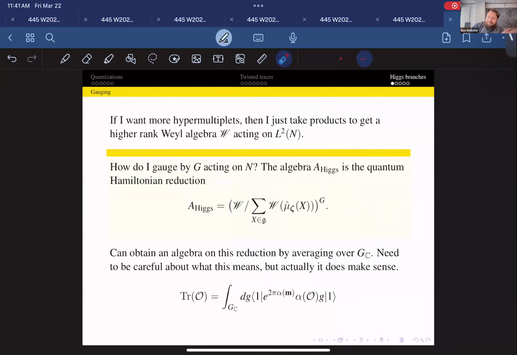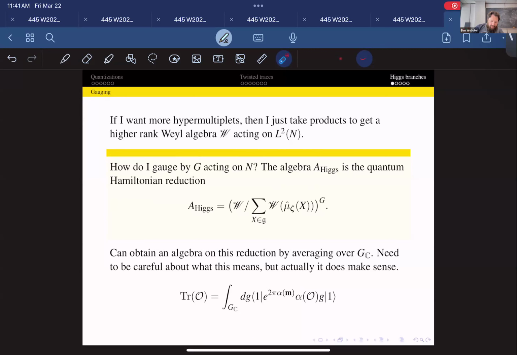Okay, well, that's the most basic case, just one hypermultiplet. So how do I get more interesting theories? Like I said, the ones I want to think about are taking multiple hypermultiplets that transform according to some representation of a compact group and gauging with respect to that group.